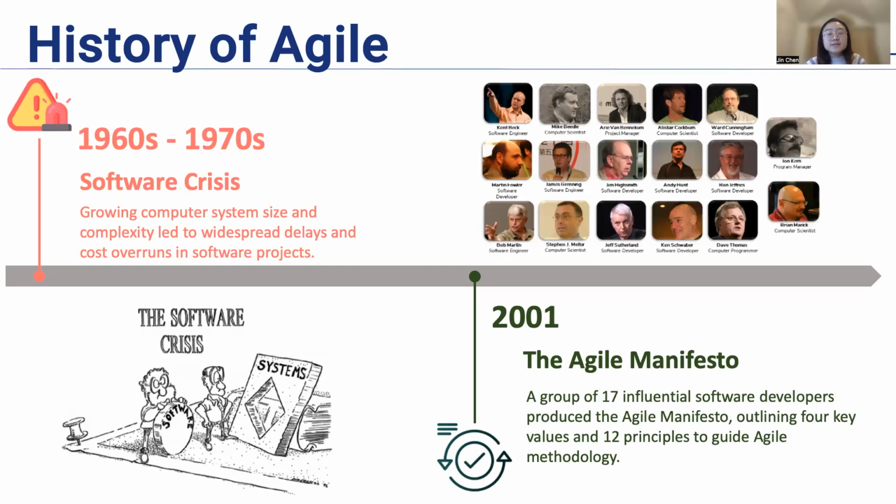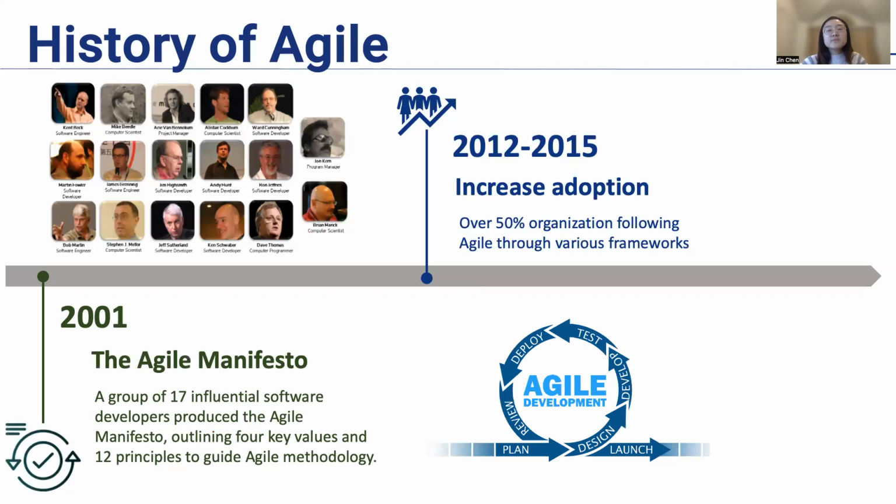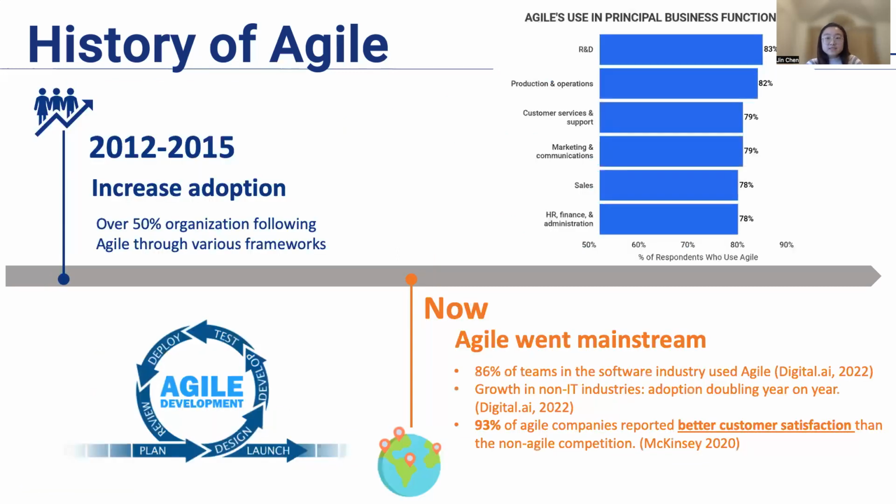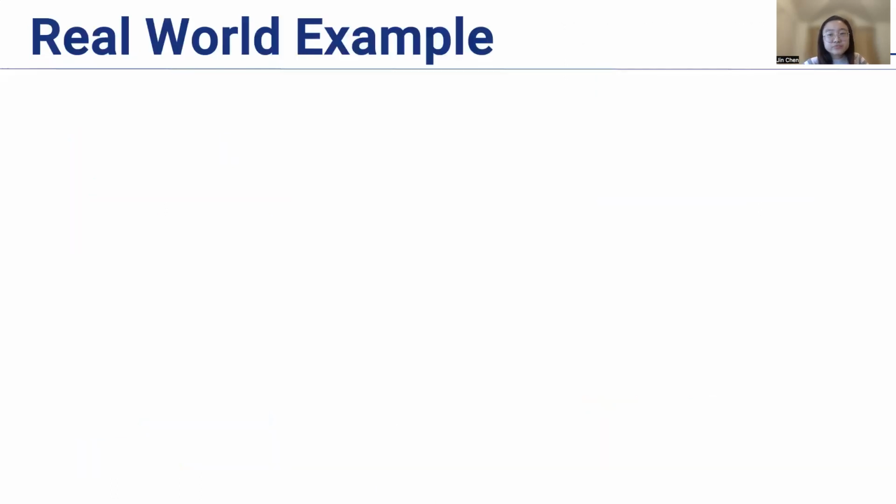And that is the beginning of Agile. The Agile Manifesto really got more attention between 2012 and 2015, when over 50% of organizations were adopting Agile for their product development. And nowadays, more and more organizations are following Agile for their product development. Remember, it's not just the software industry.